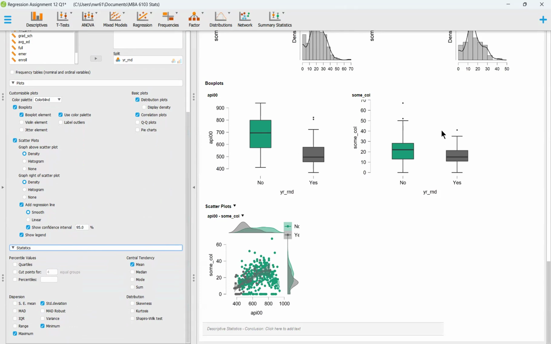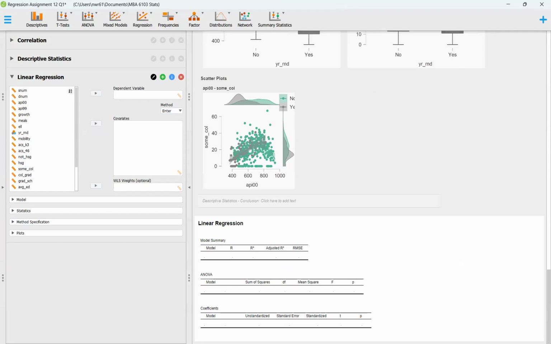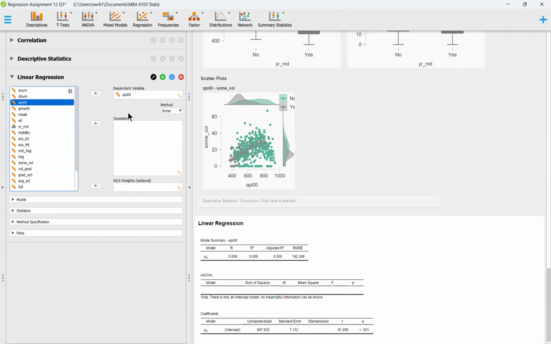But moving on. Afterwards, I went into statistics, only calculated the mean, standard deviation, and the minimum and maximum range. And then afterwards, I went into linear regression, or tried to follow, I should say. I put API 00 as the dependent variable because that's what it is.